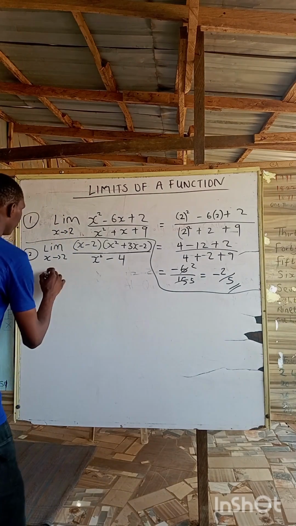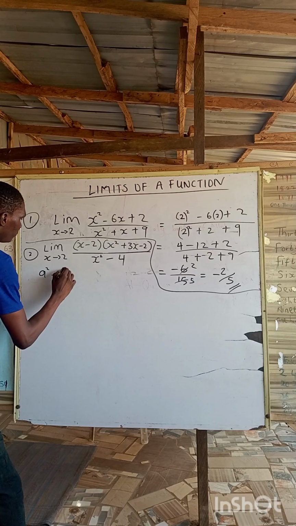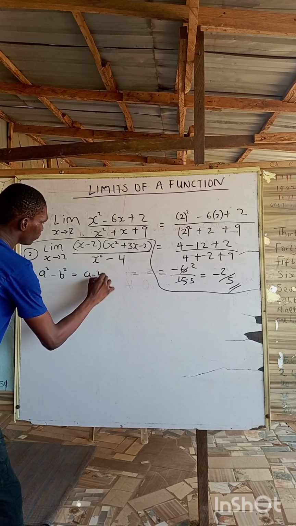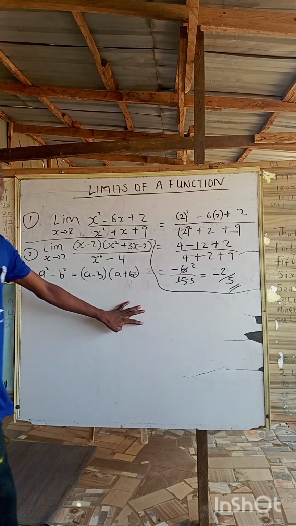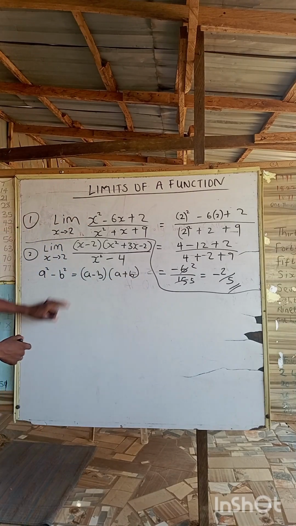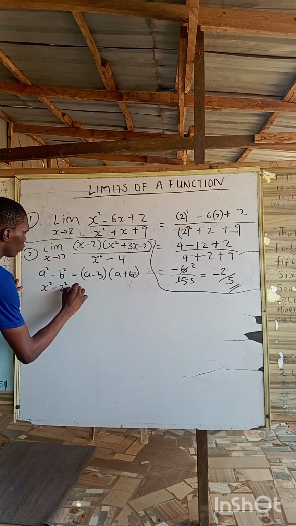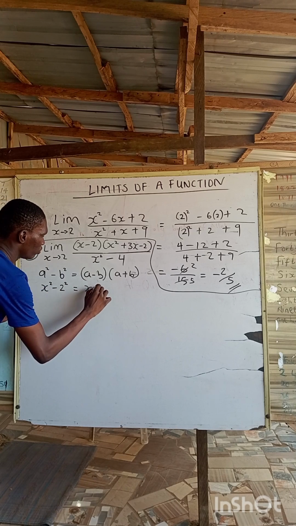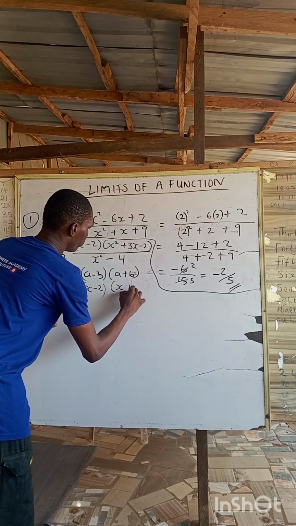The difference of two squares says a squared minus b squared equals a minus b times a plus b. So we can relate it to this: x squared minus 2 squared is x minus 2 times x plus 2.